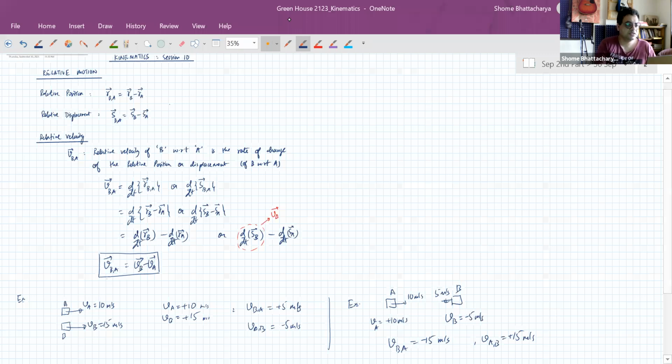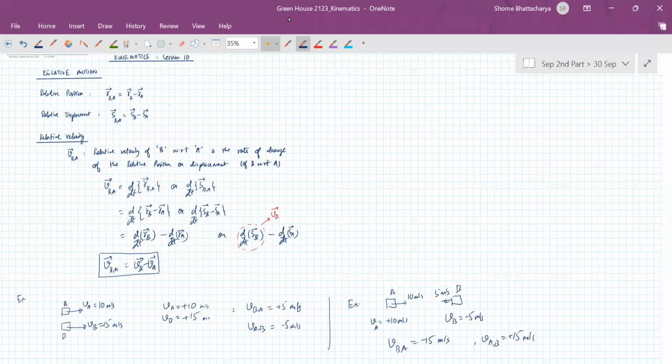So just make a note of this definition of relative velocity with these examples. We'll continue with some more. So what does the minus sign here indicate?